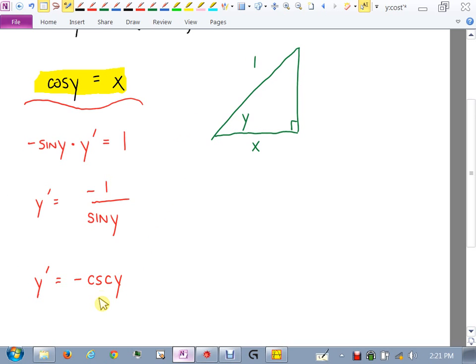Cosecant is what I'm looking for. Cosecant's the reciprocal of sine, which means I need to know the opposite side. So I can use the Pythagorean identity here. x squared plus a squared is 1, which means a is equal to the square root of 1 minus x squared. Hey, doesn't that look the same? That worked out the same, doesn't it? This right here.